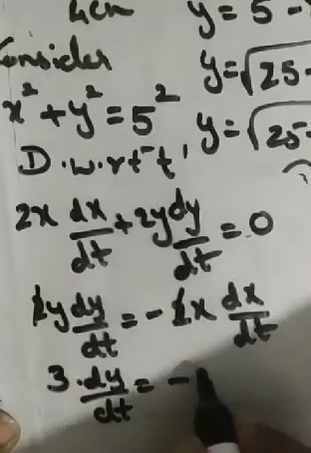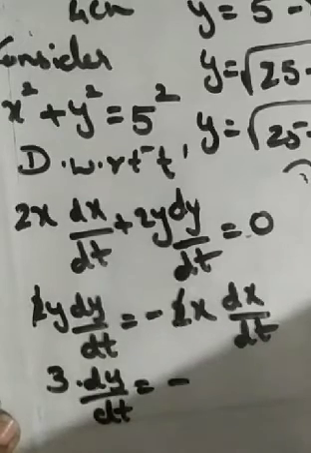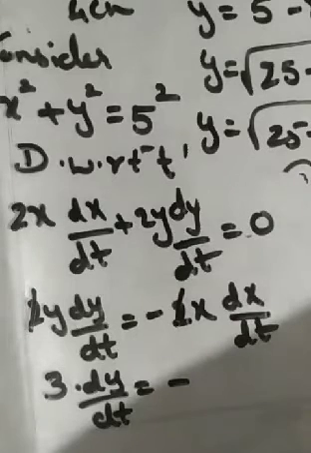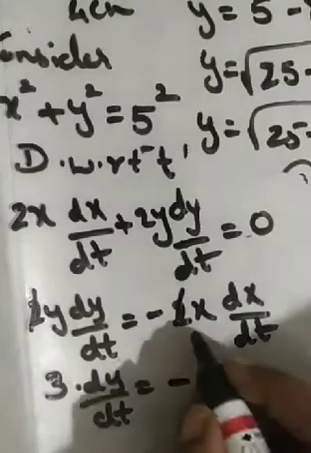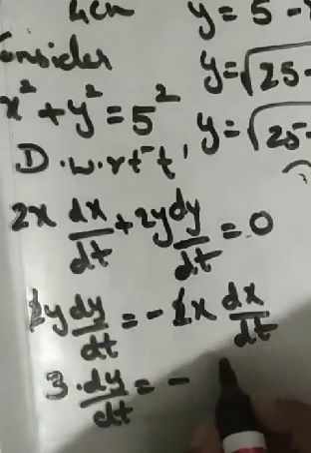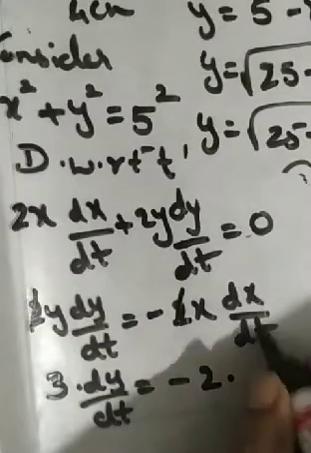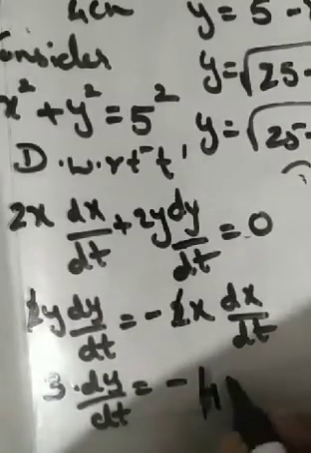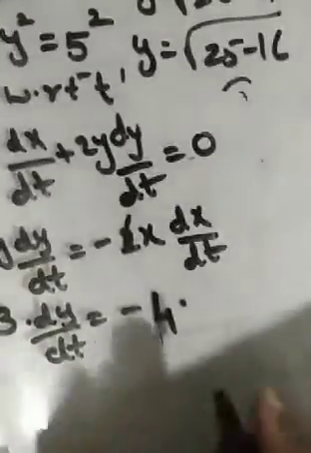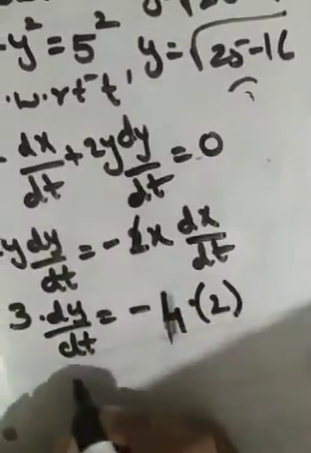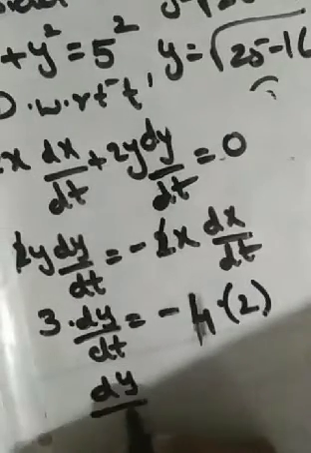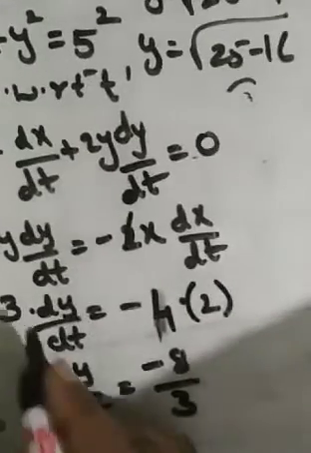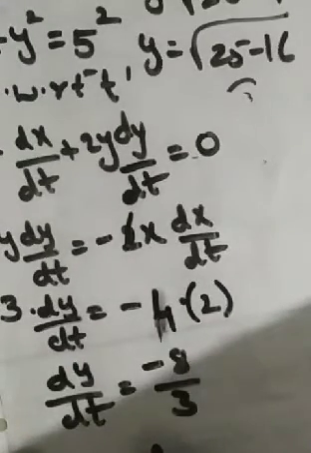We know the x value. dx by dt is the rate at which the foot is pulled, that is 2 centimeter. That is 2. What is the x value? X value is 4. And dx by dt is 2. So dy by dt is equal to minus 8 by 3. Here 3 comes in the denominator. Minus 8 by 3.